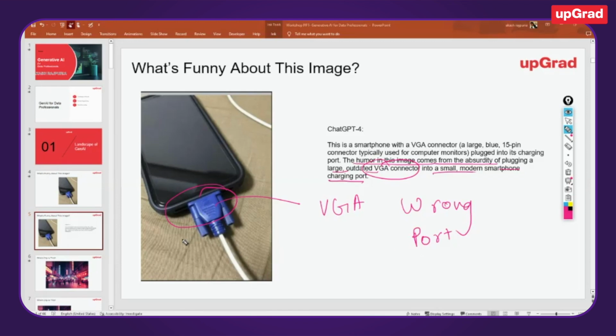Computer can understand from this image. It is trained on such a huge data that it knows now that this is used in computers and this is a wrong port. So this is one of the very big applications of generative AI.